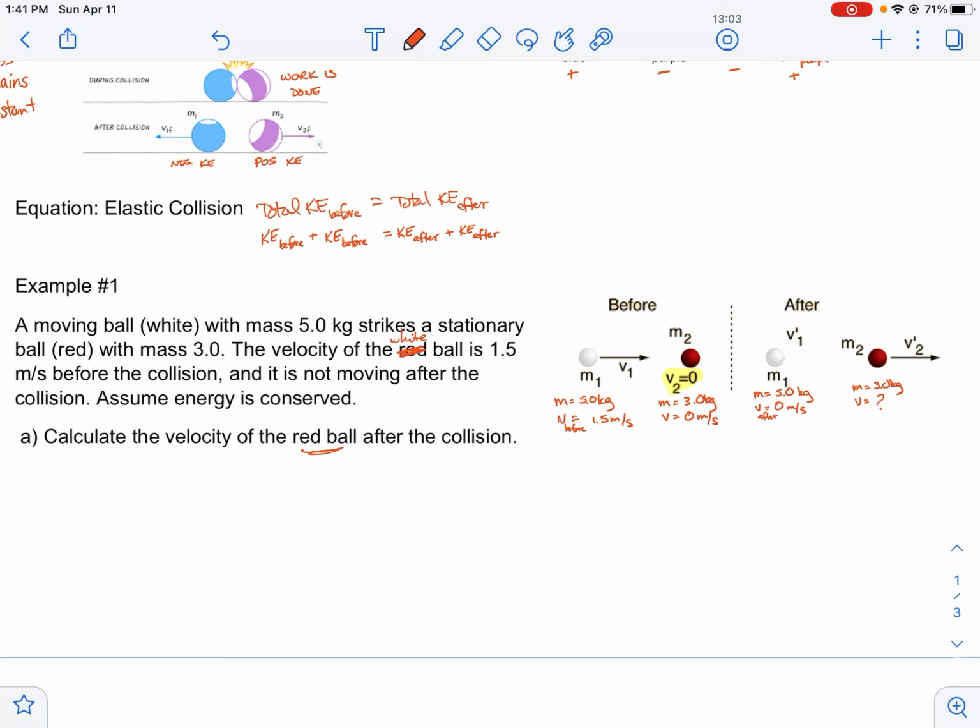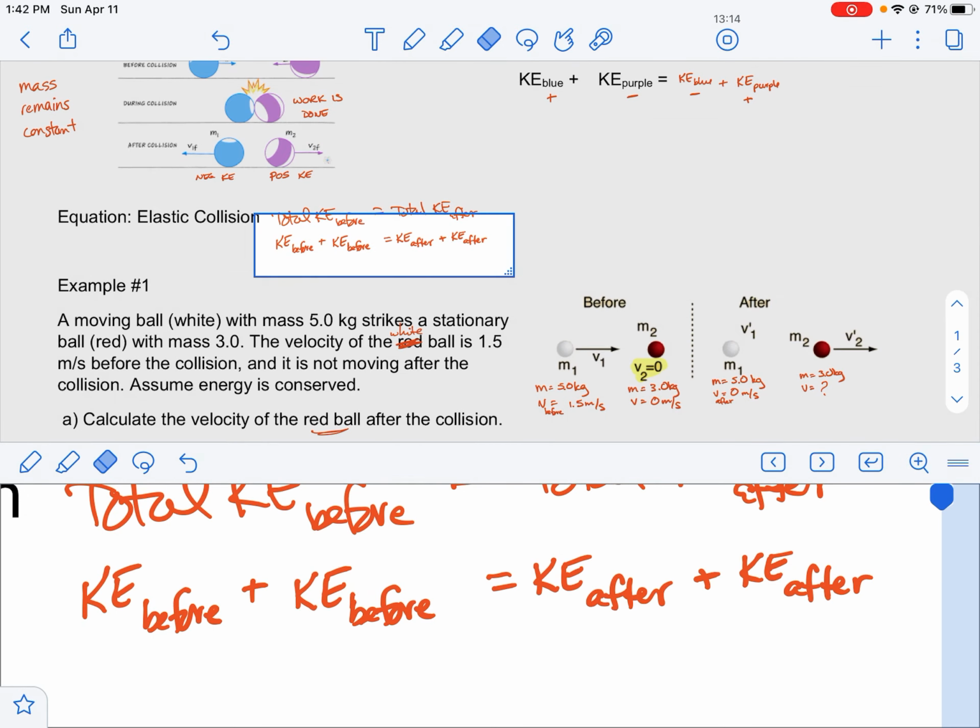Okay, so what's this going to look like? Well, I know that the kinetic energy, hang on, let me make this look a little bit better. I think we're going to need some space here.